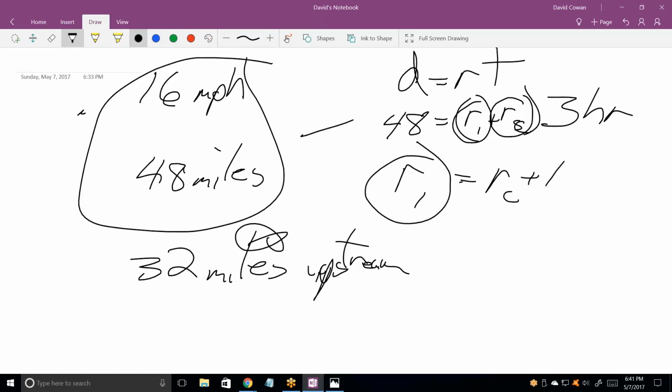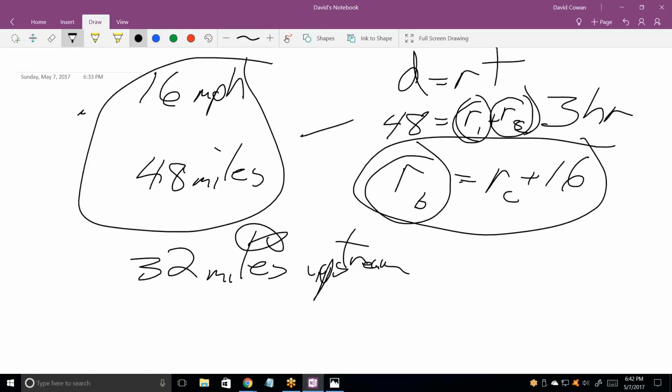Okay. Does this equation make sense? Well, what does the RC stand for? The speed of the current. And R sub B stands for the speed of the boat. In other words, if the speed of the boat in still water was X, then they're saying that the speed of the boat in the current is the speed of the current plus 16.